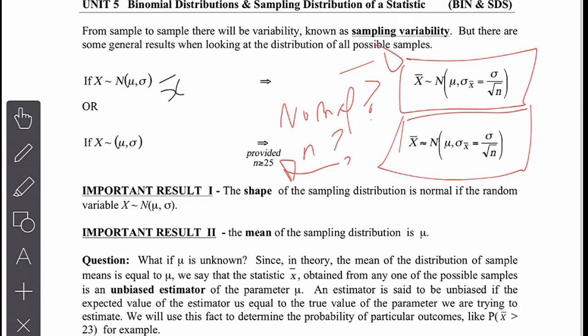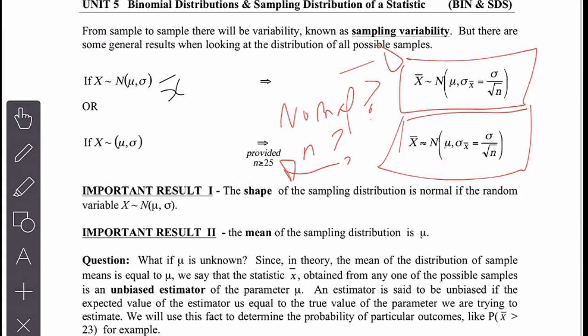Then the question comes, what if the original variable, we're given the information on its mean and standard deviation, but we don't know its shape. Can we still make the same assumption that the sample mean should be normal?